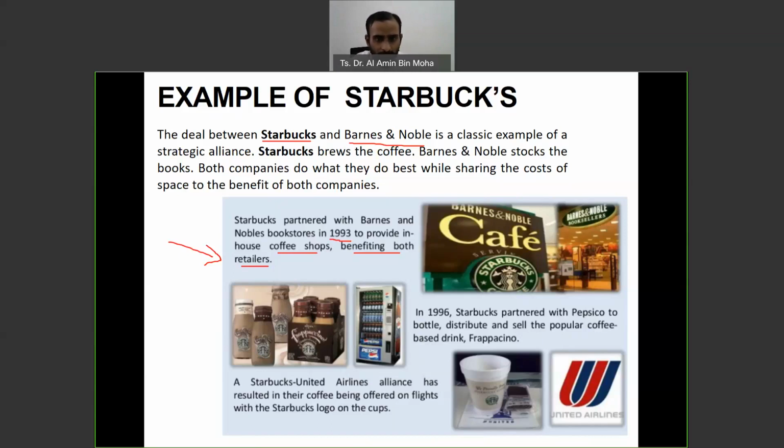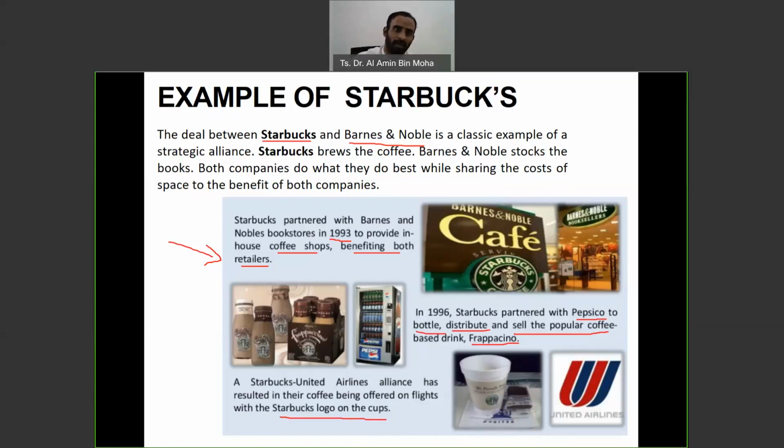In '96, Starbucks partnered with PepsiCo to bottle, distribute, and sell the popular coffee-based drink Frappuccino. So they partnered, and both of them got the marketing. And Starbucks with United Airlines has resulted in their coffee being offered on flights with the Starbucks logo on the cups.